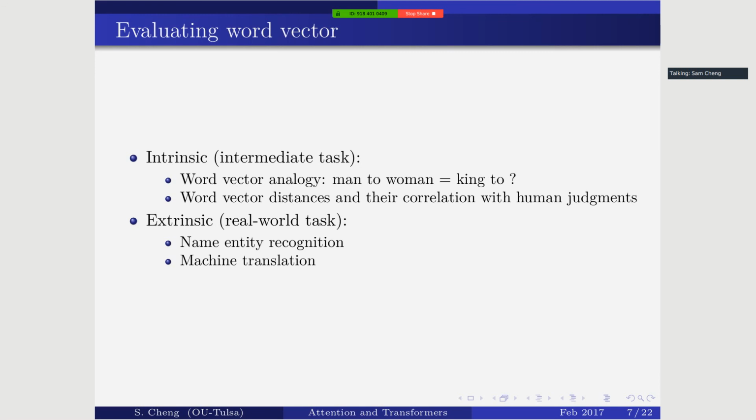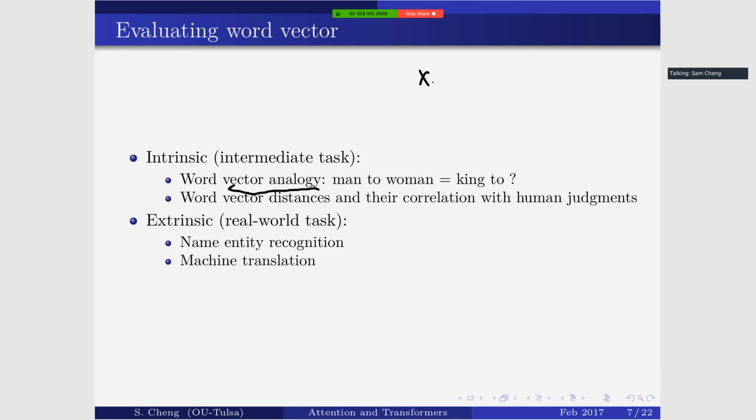For example, one of these is word vector analogy. Based on the model, you can ask a question like, man to woman is like king to what. So how you use this word vector is, after you train the word vectors, for each word vector I would just call it x something.